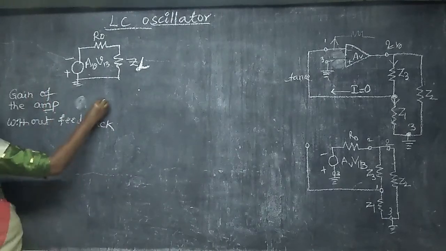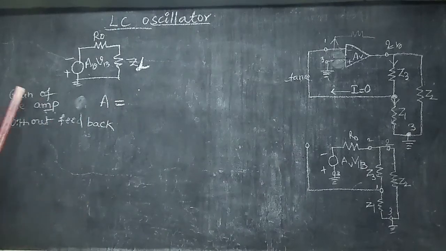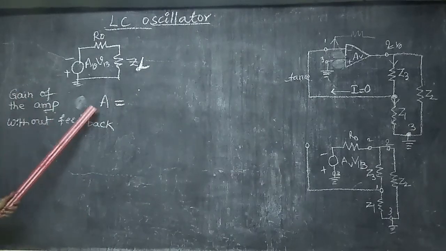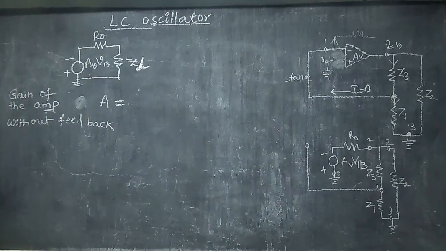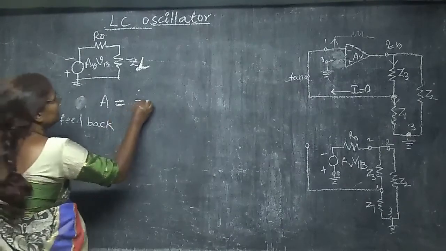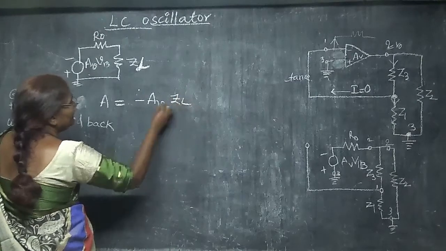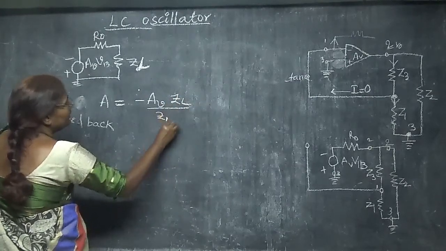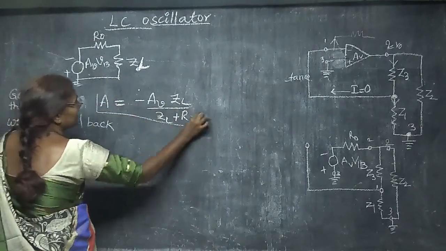So here the gain of the op amp without feedback is going to be A, and this A is going to be minus AV into ZL by ZL plus R0. How did I get this? Let me explain this.